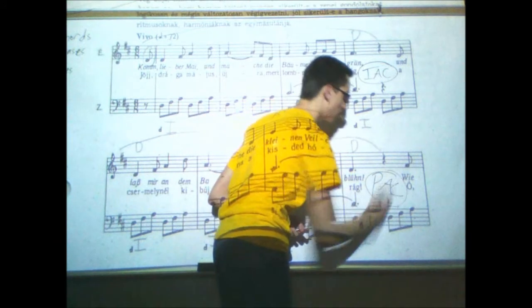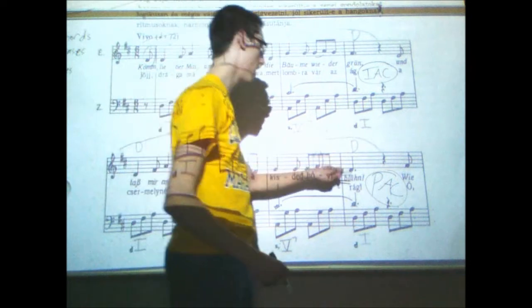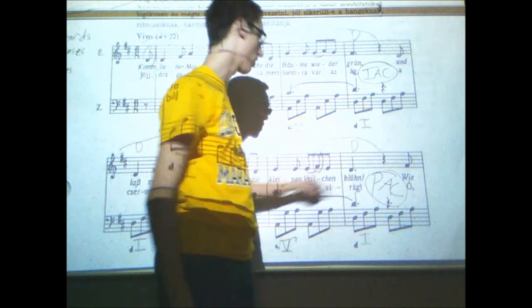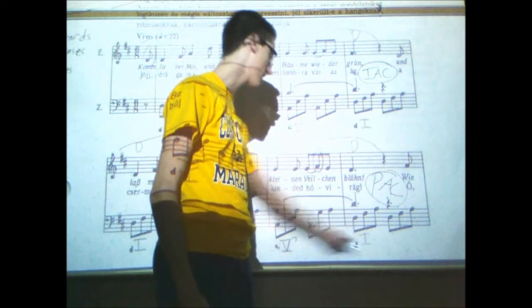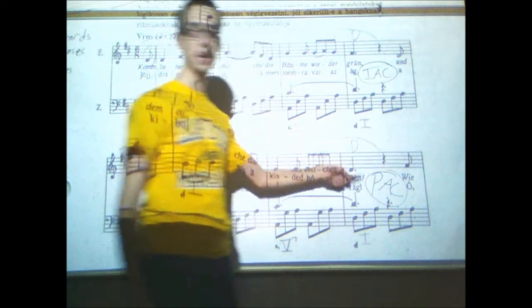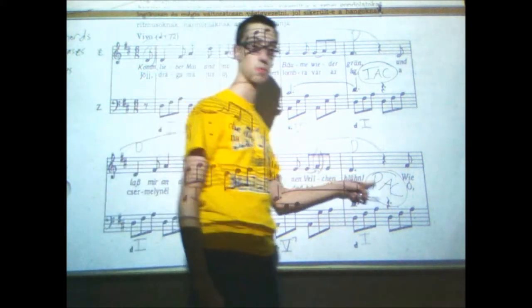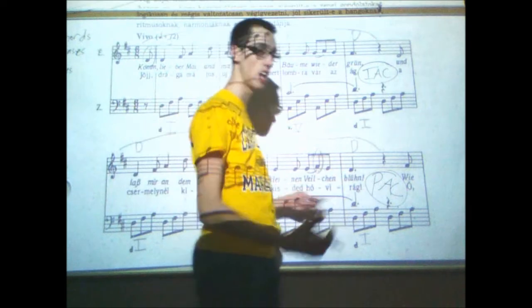Now, we learned in class, perfect authentic ends on tonic. It normally goes 5 to tonic, dominant tonic, 5 to 1. The soprano or melodic part dictates whether it's perfect or imperfect. Perfect if it's do, imperfect if it's not.